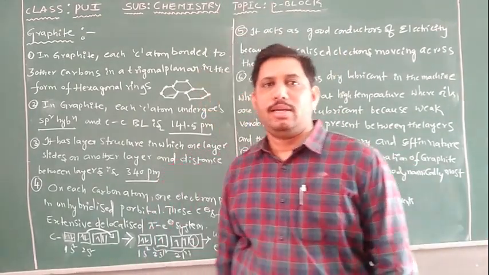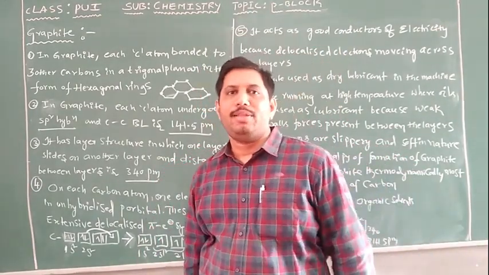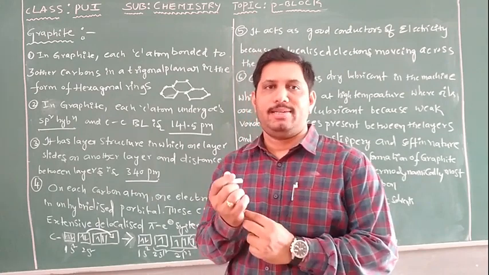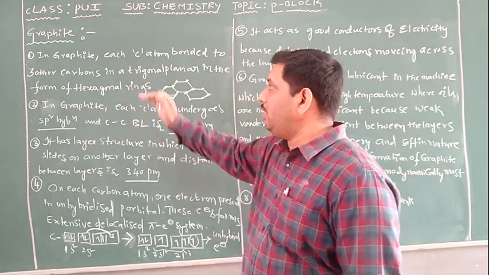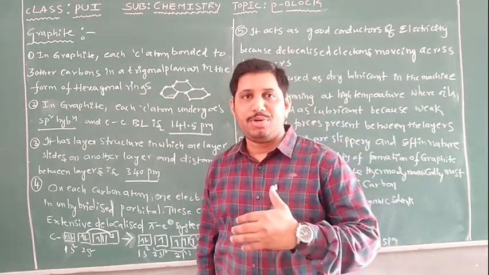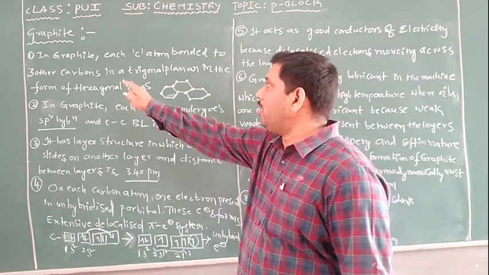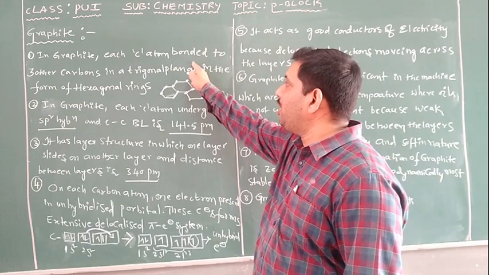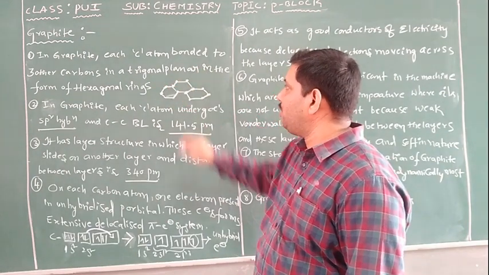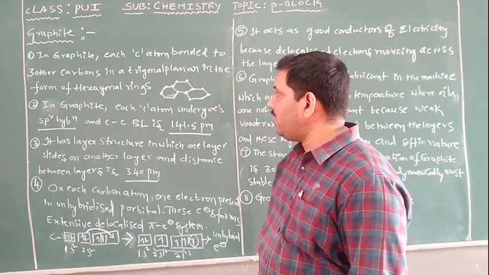Okay students, next allotropic form of carbon, that is graphite. Here also some points are there, student, we are discussing one by one. The first one is, in graphite each carbon atom is bonded to three other carbon atoms in a trigonal planar manner to form hexagonal rings.